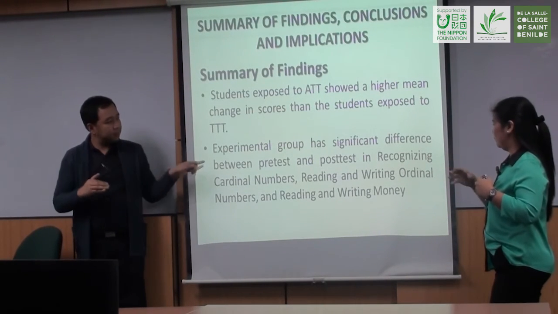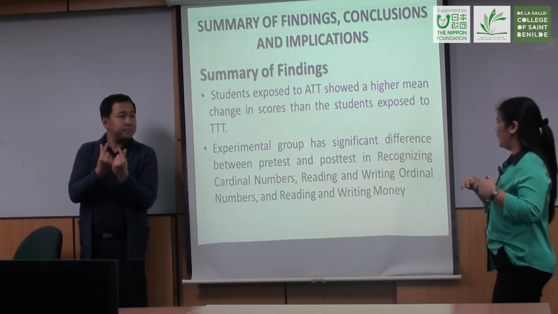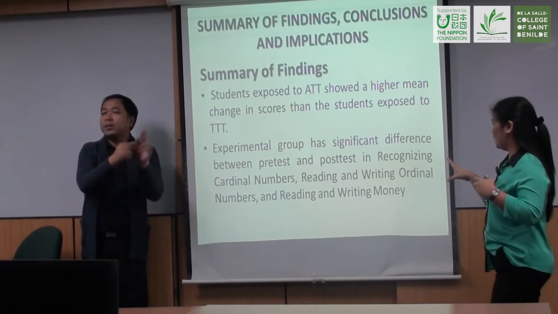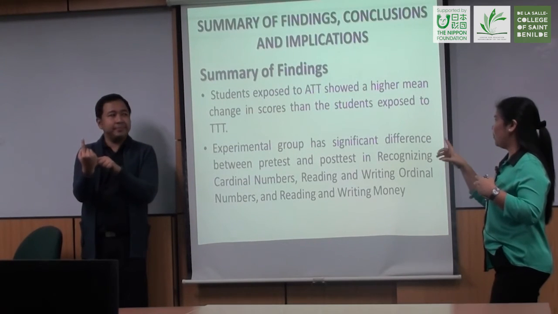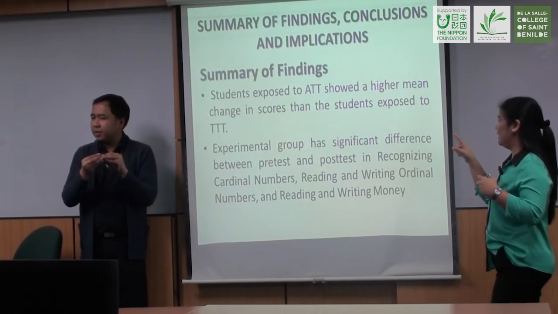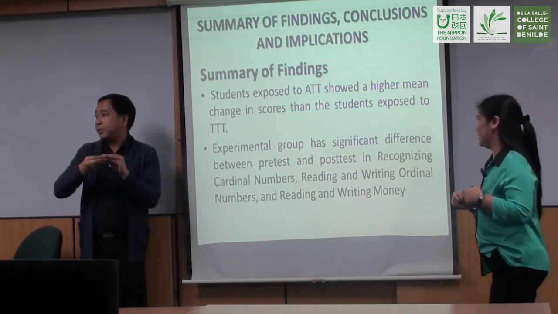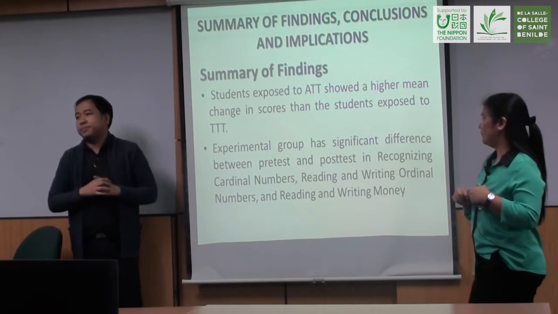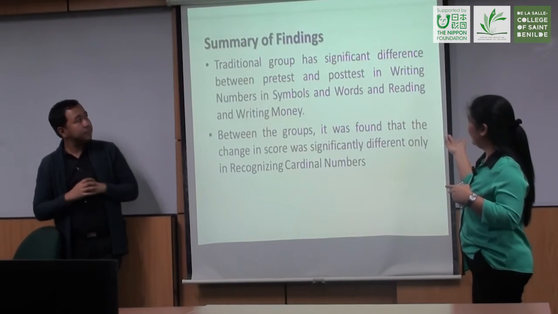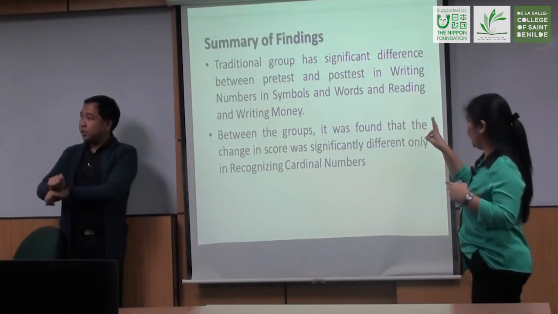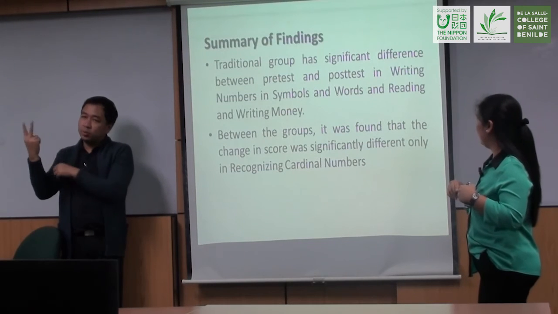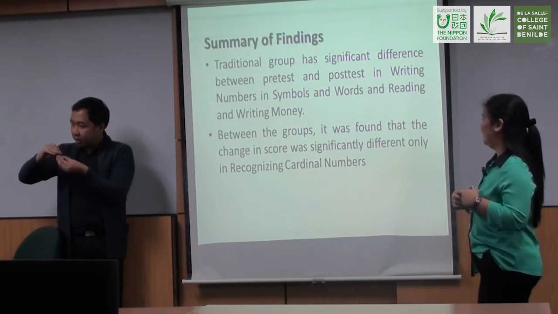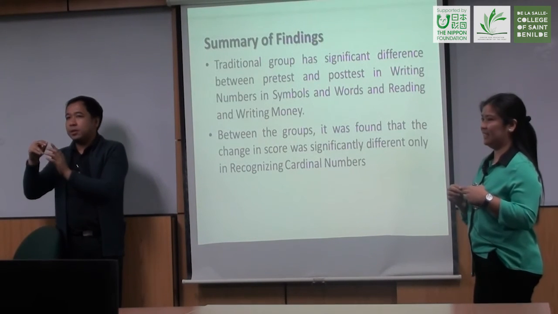And then yung experimental group has a very significant difference in all topics except for yung reading and writing number symbols. And then for the traditional, they're only two that have a significant difference. So yung writing number in symbols and words and reading and writing manual.